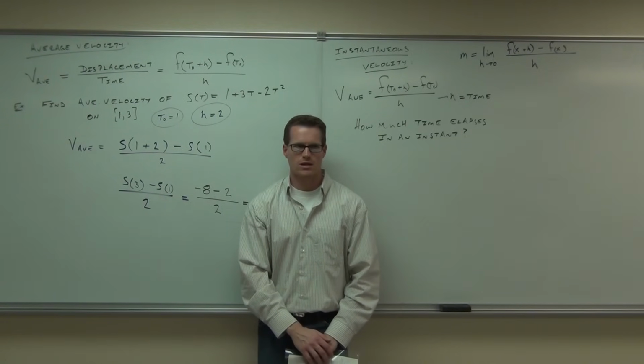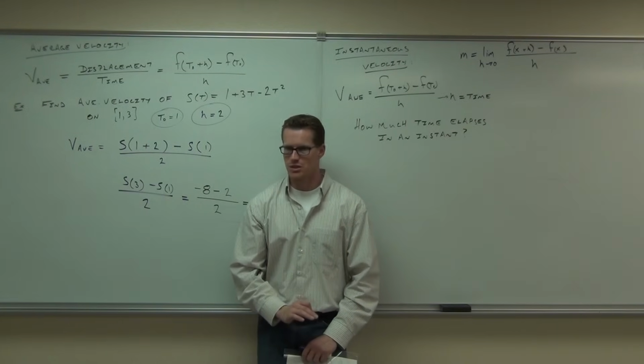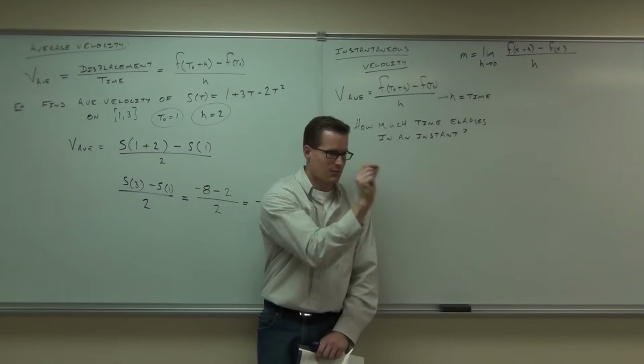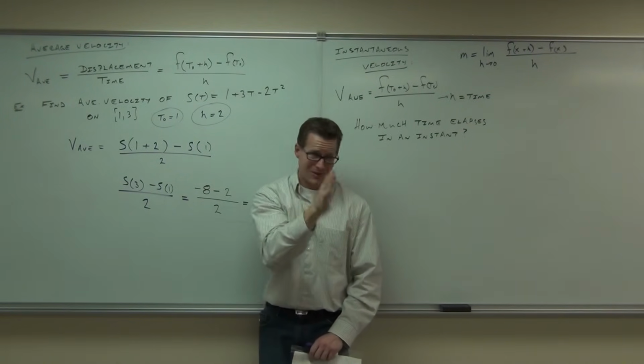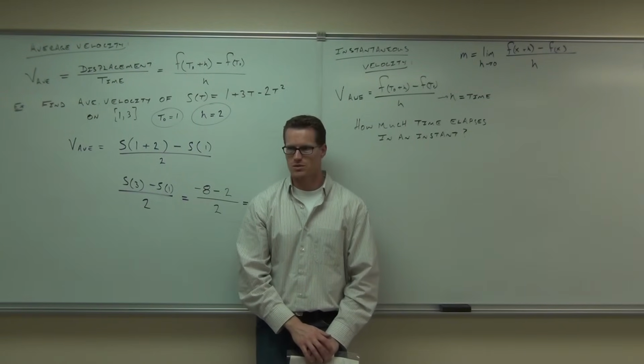Is there time between 0.001 seconds and 0.00001 seconds? Yes, there's time between that. So no matter how small you make that instant, there's something smaller, even quicker. So we can't let it equal 0. An instant isn't 0. But can we let it approach 0?